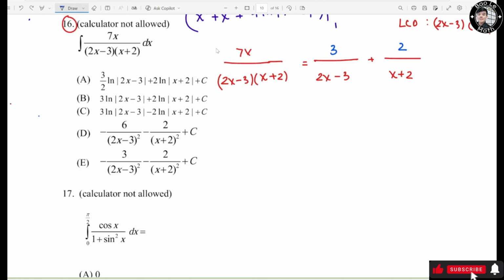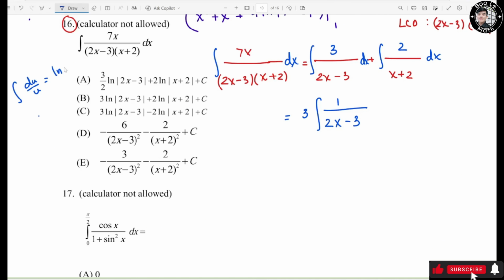Now we're going to take the antiderivative of both sides. We have 3 times the antiderivative of 1 over 2s minus 3. The antiderivative of du over u equals the natural log of the absolute value of u plus c. Make sure these are the same. The bottom is 2s minus 3, and this is ds, so I can rewrite ds as d of 2s minus 3.